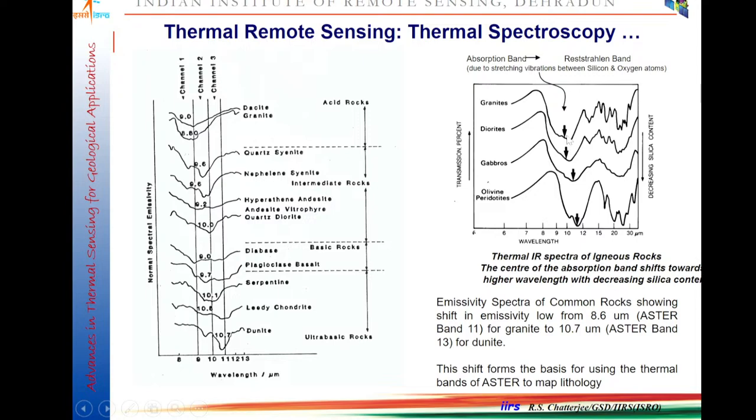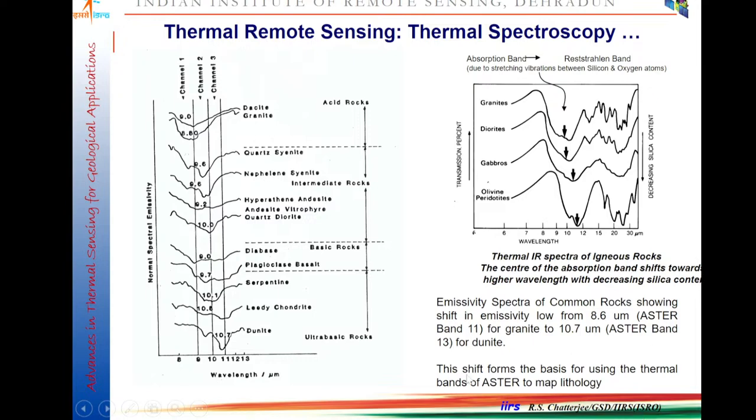So in case of silicates, depending on the percentage of silica, if it is acidic or granitic family, their maximum absorption peak is at 8.6, whereas if it is in the ultrabasic family, their maximum absorption peak is at 10.7, and it is gradually changing from 8.6 to 10.7 as a function of silica percentage. Why? This absorption band is known as the Reststrahlen band, and it occurs due to stretching vibration between silicon and oxygen atoms.